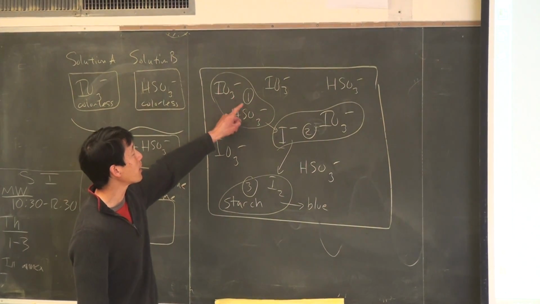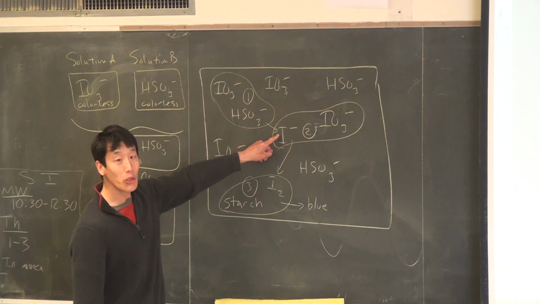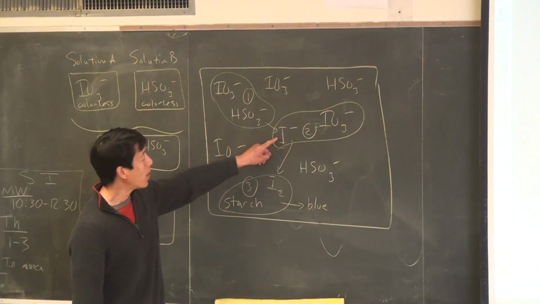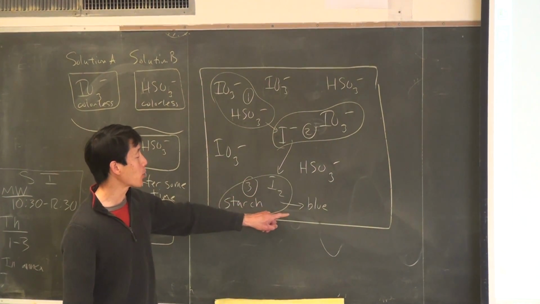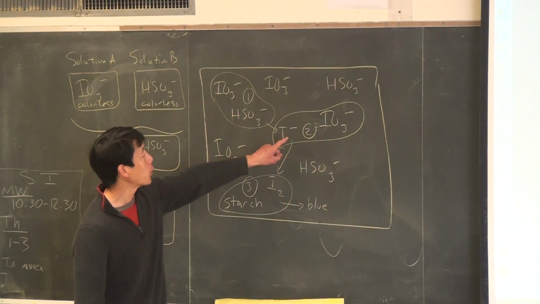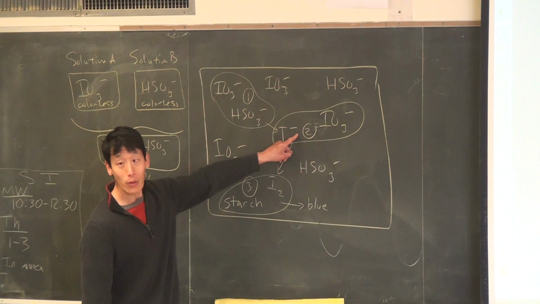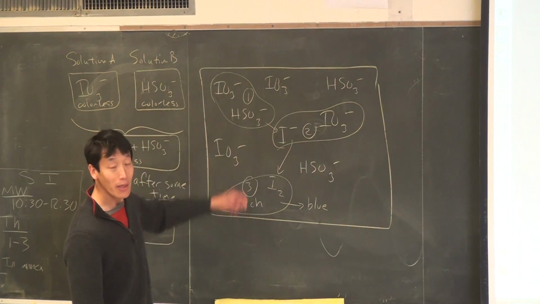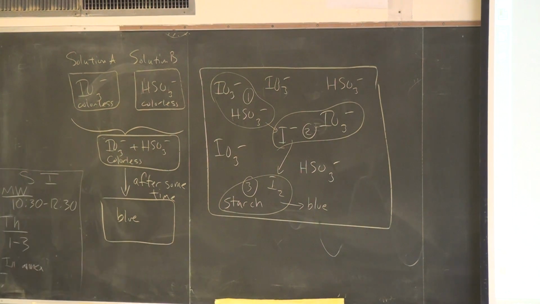In reaction 1, iodide is produced, and then in reaction 2, iodine is produced, which then turns the solution blue. In the second case, assume that this reaction occurs faster than this one, and then see what's being produced and why this reaction takes some period of time before the solution turns blue.